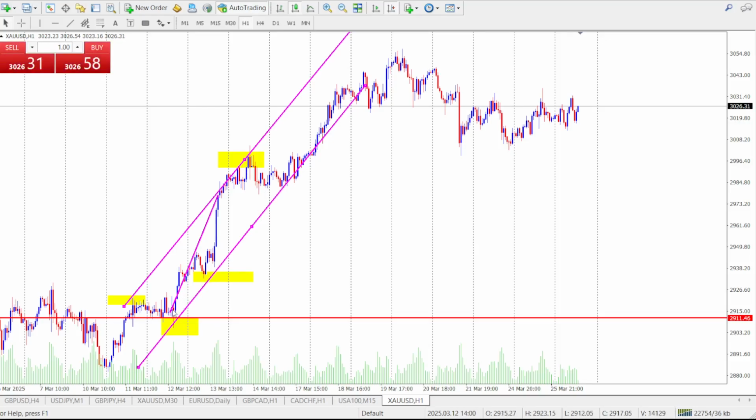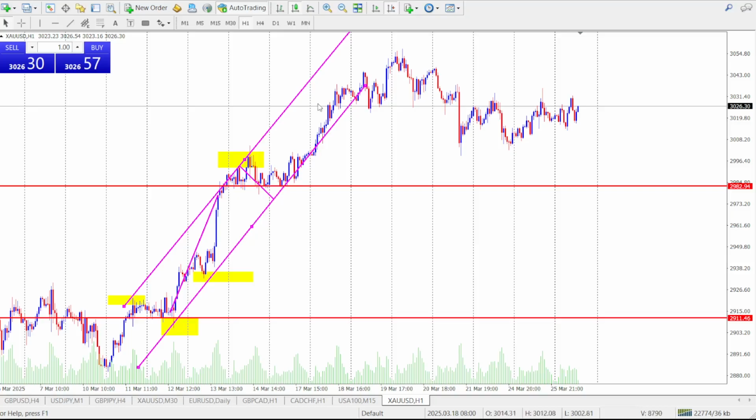If you're in a buy trade, you can exit your buy when price gets to the resistance trend line. Or if you are a scalper, you can even decide to scalp from the resistance to the support. But if you want to be on the safer side, you might just wait for a pullback and then enter another buy in the direction of the trend.